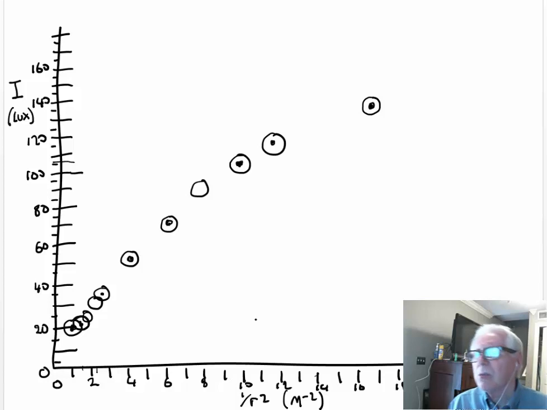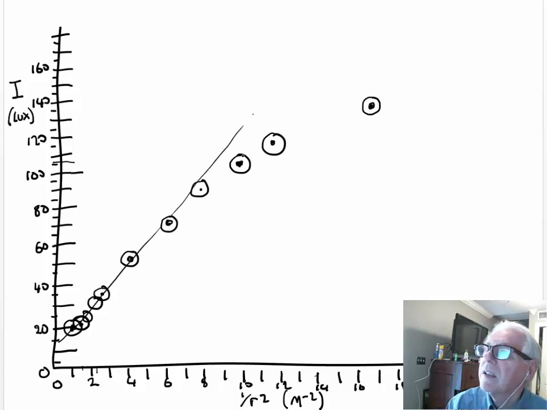Okay, issues. I'm going to stop and I'm going to go away and plot this out properly, and then we can see. But it seems to me I might be able to get a straight line through there, and then maybe another straight line through there.